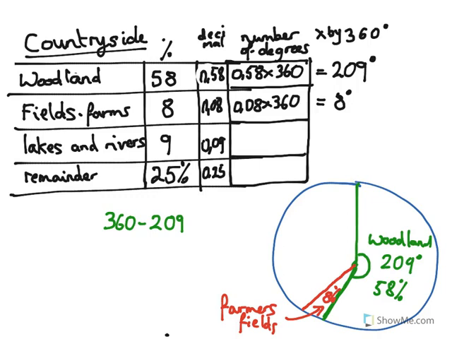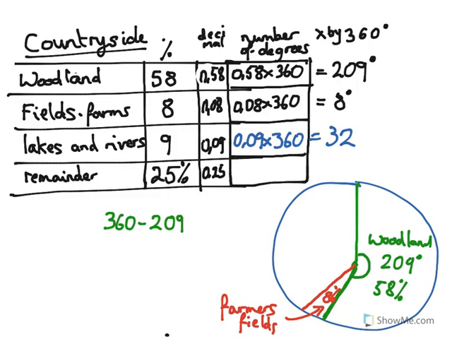Lakes and rivers then, let's do them in blue. We'd have 9%, which is the same as the decimal 0.09, multiplied by 360, giving you 32 degrees. Whoops, 32 degrees. Sorry, 0.08 times 360 cannot, of course, be 8 degrees.